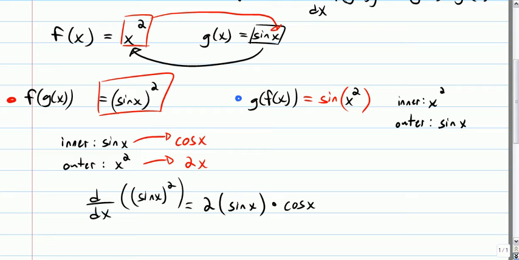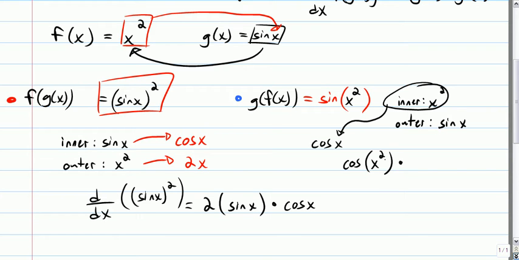So you do the derivative of the outer, cosine x, evaluated at the inner. So the derivative of the outer evaluated at the inner, multiplied, that's the last step, multiplied by the derivative of the inner, which is 2x.